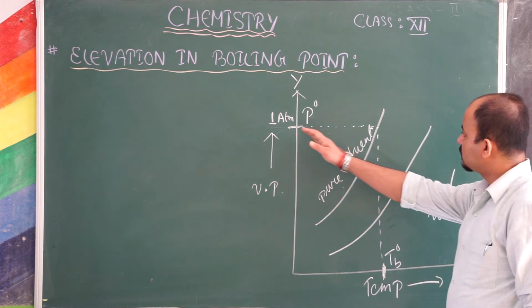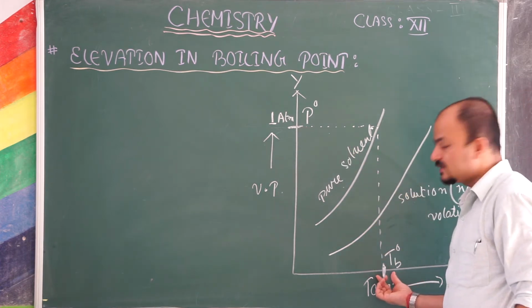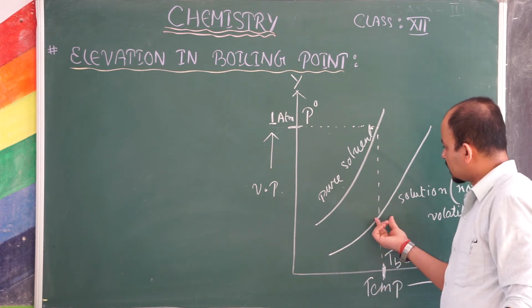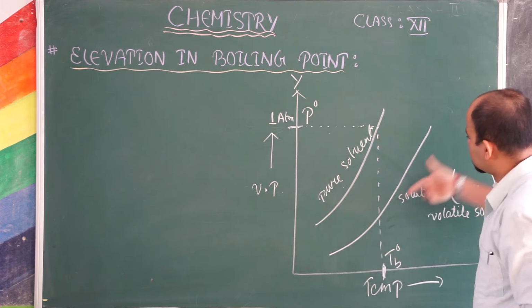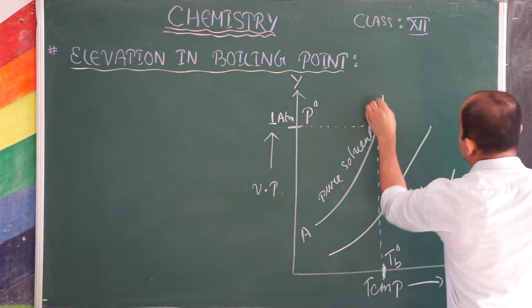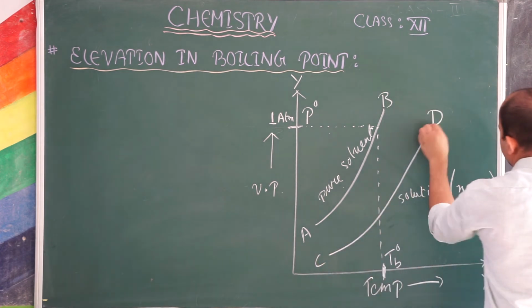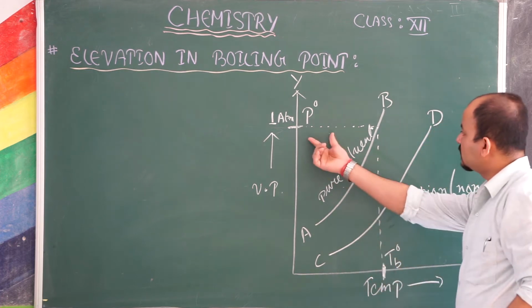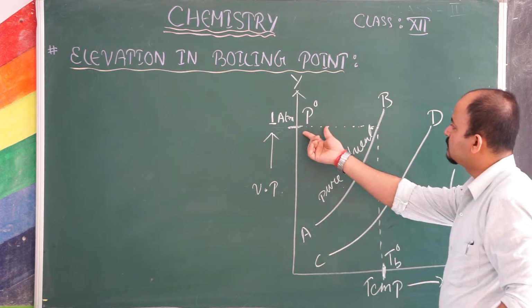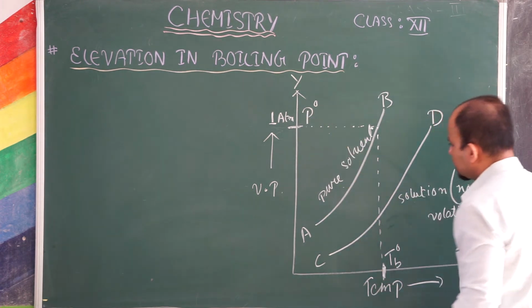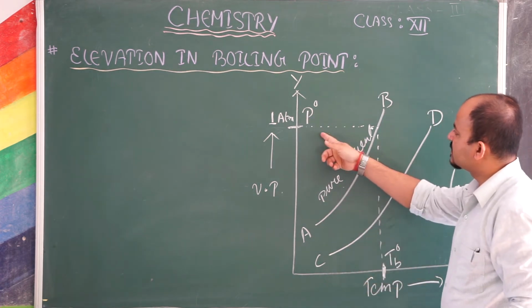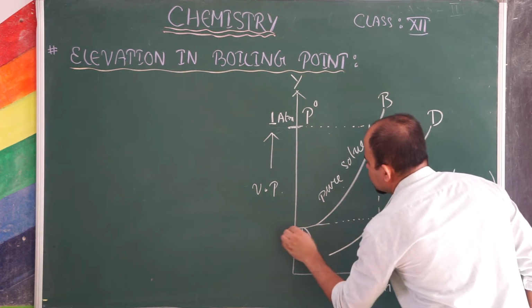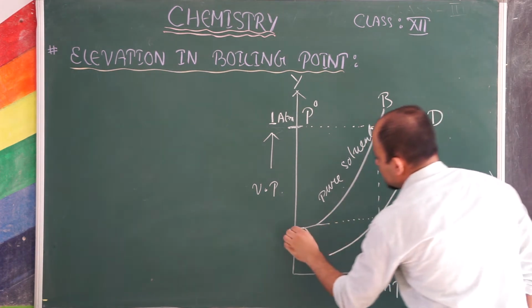Now suppose this is the AB curve and this is the CD curve. For CD, you can see that at this particular temperature, at 1 atmosphere, where pure solvent starts to boil, the vapor pressure for the curve CD is somewhere here.